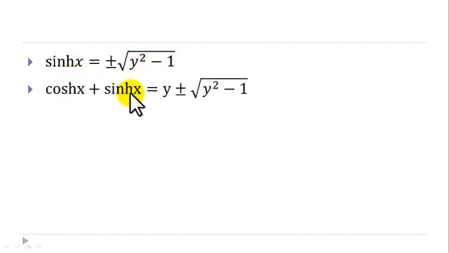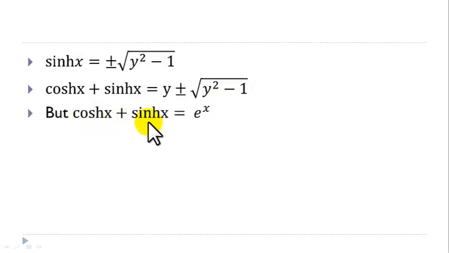Now, cosh x plus sinh x is equal to y plus or minus the square root of y squared minus 1. But cosh x plus sinh x is equal to e to the x. Equating these two, we have e to the x is equal to y plus or minus the square root of y squared minus 1.